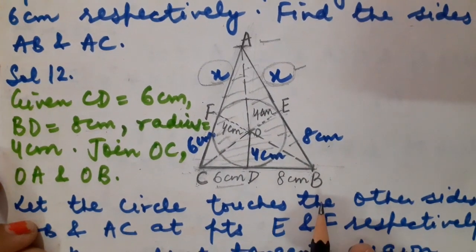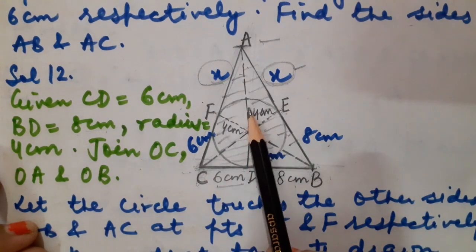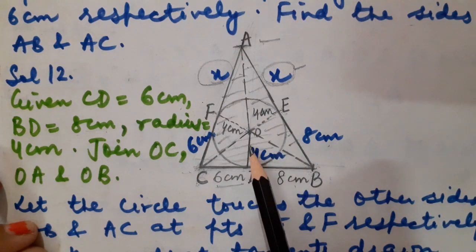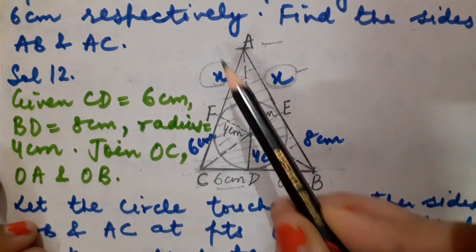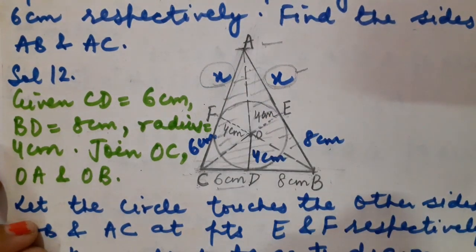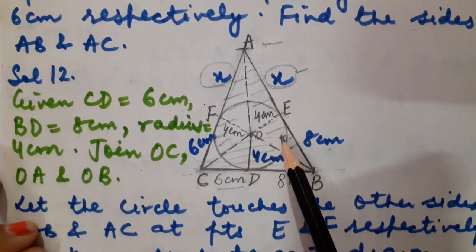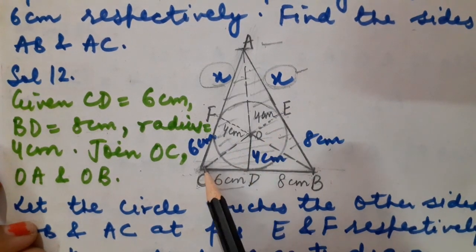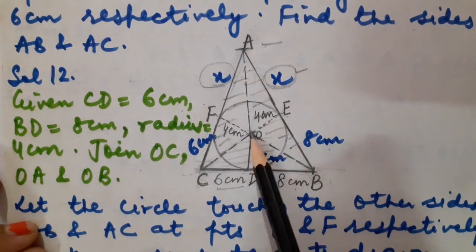If I calculate the area of these three triangles and add those three areas, will I be capable of finding the area of the complete triangle ABC? Of course, because the complete triangle ABC is nothing but the combination of these three smaller triangles: triangle COB, triangle BOA and triangle AOC.